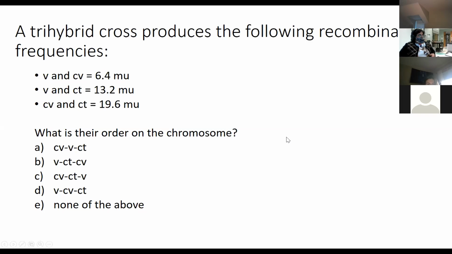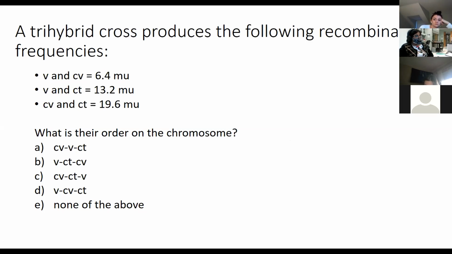The next thing you can do with chromosome mapping is actually mapping the order of these genes. So this question, I'm going to walk you through it. And then the next question, I'll let you talk through it with me, okay?